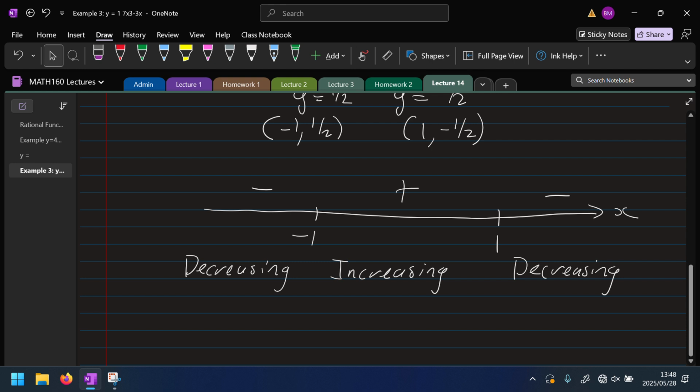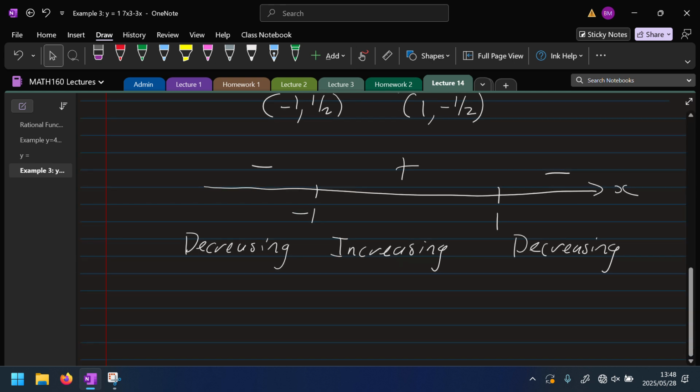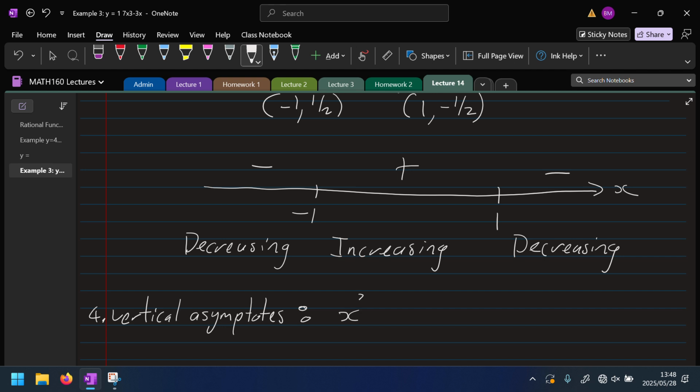Now we've got the extra 2 things of vertical asymptotes and horizontal asymptotes. So number 4, vertical asymptotes. Okay, so this is where that bottom part is 0. So we just take the denominator as is. x cubed minus 3x is equal to 0.